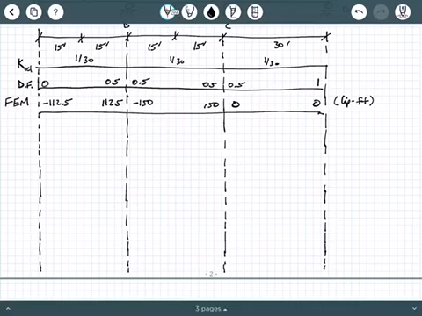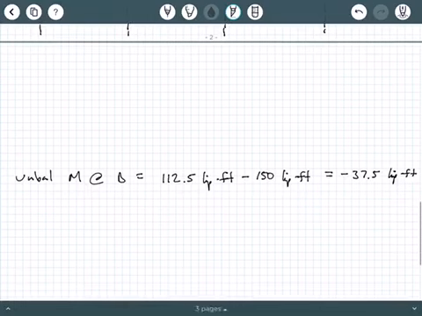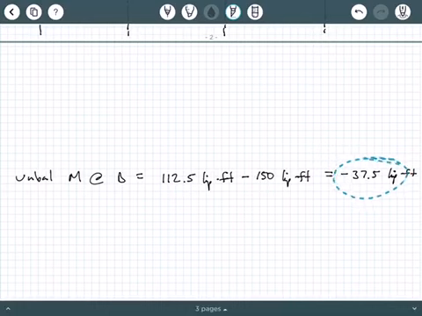Okay, remember at B, you've got this clockwise positive 112.5, and you've got this counterclockwise negative 150. So the imbalance is them together, right? So when you numerically combine them together, you get a negative 37.5.